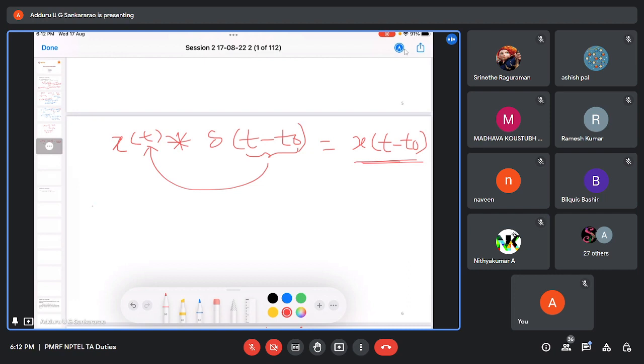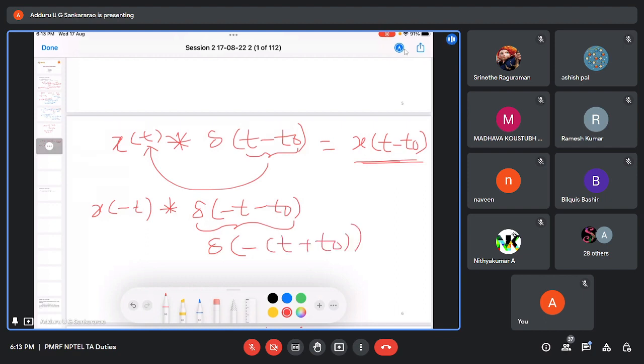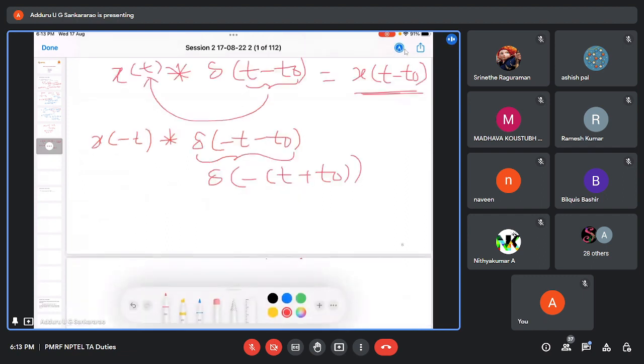So the given question is x of minus t convolved with del of minus t minus t naught. Since del is an even function, I can write this as del of minus of t plus t naught, taking minus common. Since it is an even function, this is equal to del of t plus t naught.